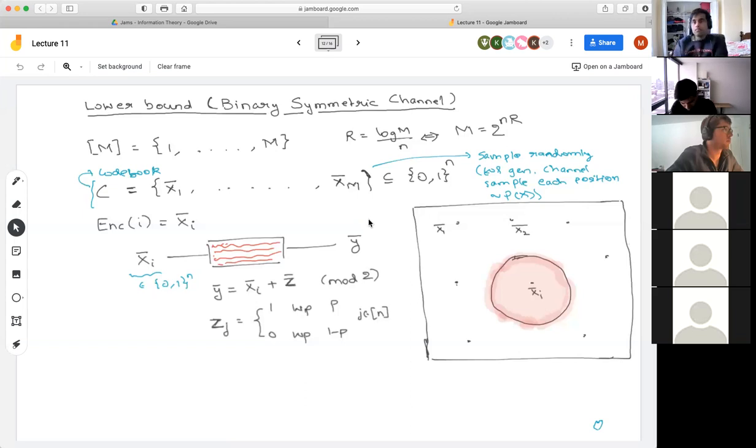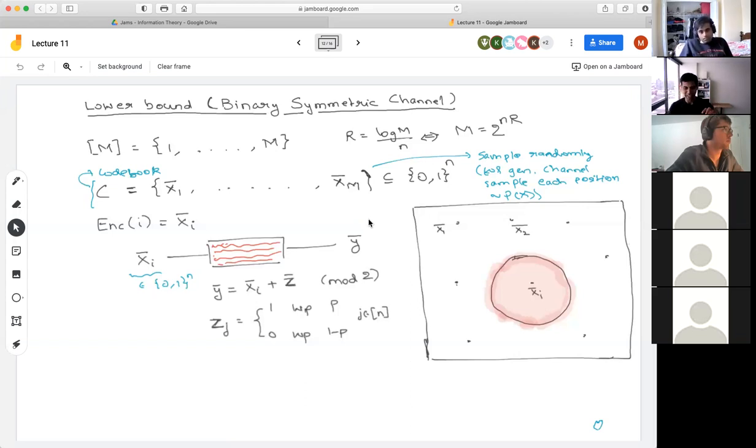What will happen in the channel is written in this picture and also in terms of this equation. When you send a sequence of n bits, every bit is flipped with probability p and sent without any noise with probability 1 minus p in the binary symmetric channel. We can think about it in two ways.